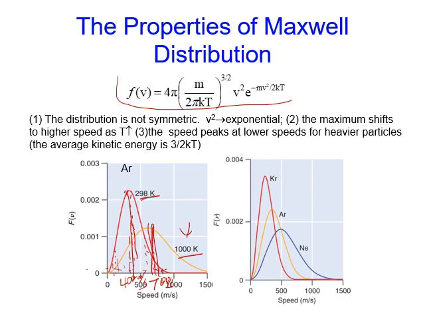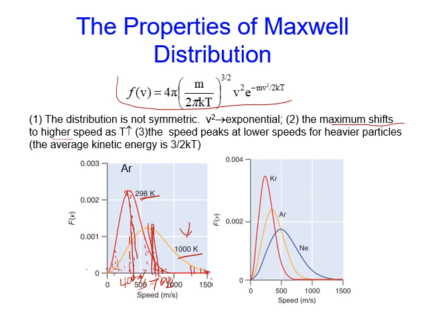So increasing temperature increases the most probable speed, the speed with the maximum percent of molecules. Some molecules you can see go to very high, even 1500 meters per second. But the majority, the most probable speed, is 700.